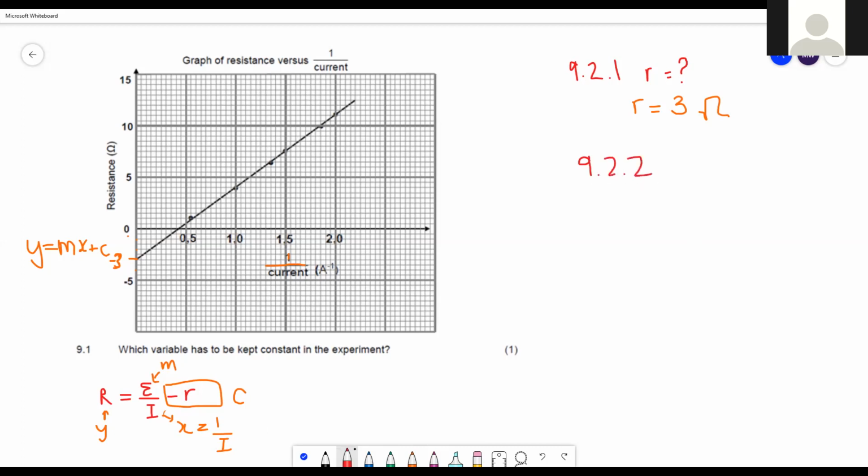Okay, then question 9.2.2, they tell you calculate the EMF of the battery. Okay, so the EMF is your slope, so you can basically use any values.